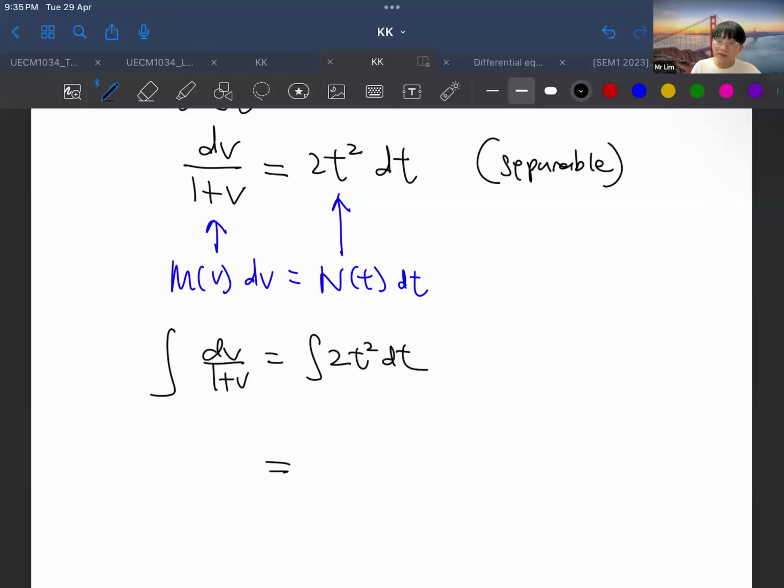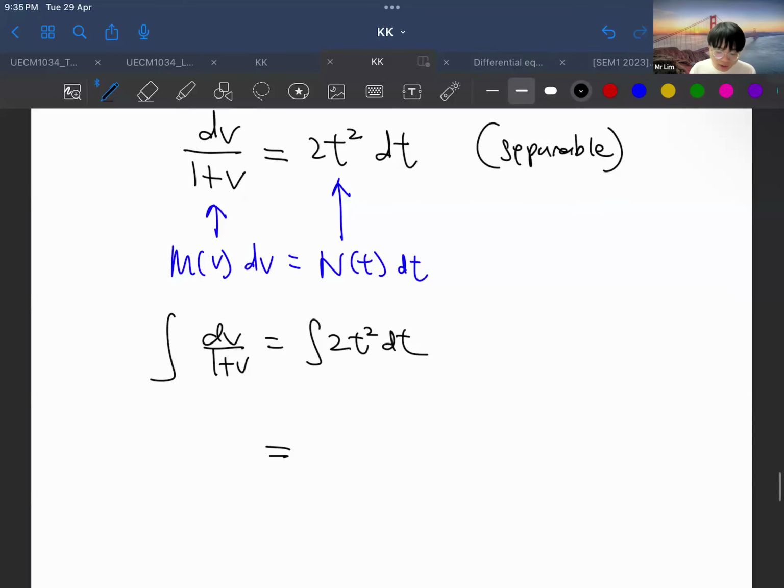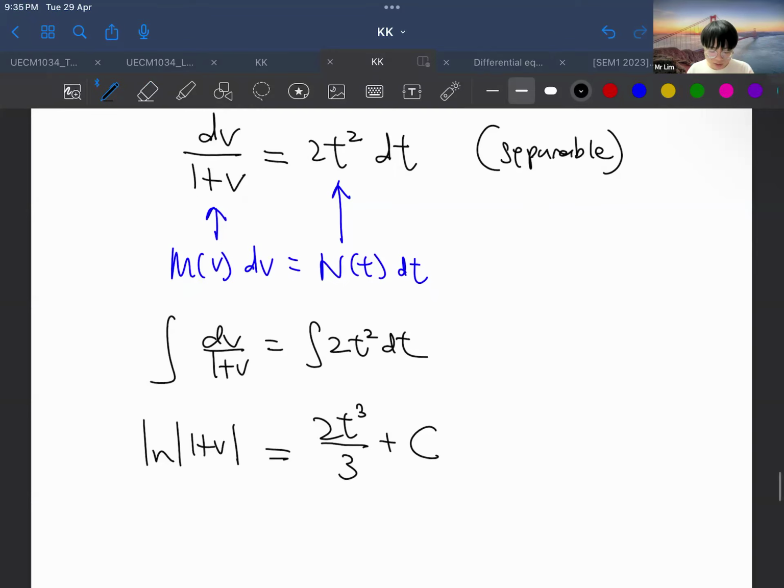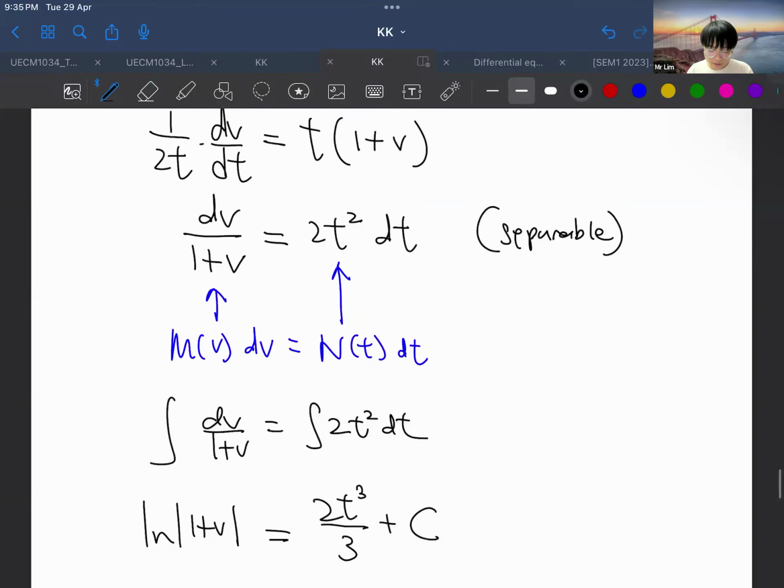I just don't write the necessary steps, you add on your own. So here becomes ln(1 plus v). Here becomes 2t cubed over 3. Okay, and of course a plus c. Looks like my final answer is not going to be the same. Why? Wait.